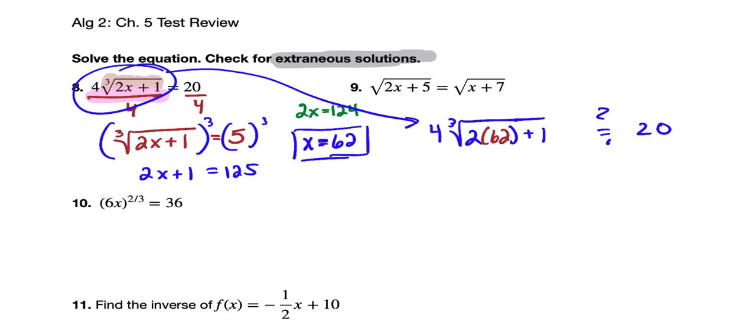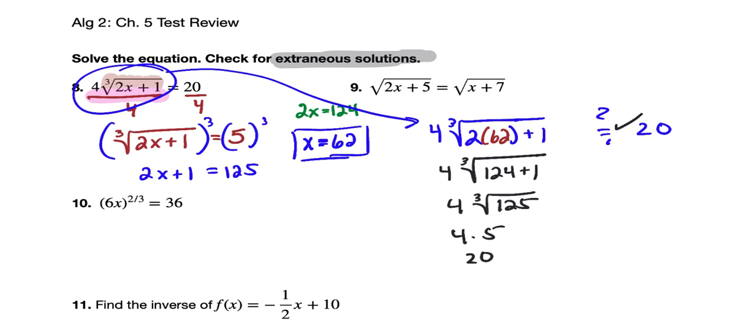If so, then 62 checks. So 62 times 2 is 124 plus 1. That's 4 times the cube root of 125. The cube root of 125 is 5. So it's 4 times 5, which is 20. And so indeed, 62 does check, and it is our correct answer.